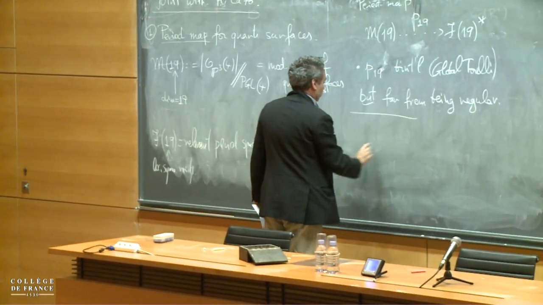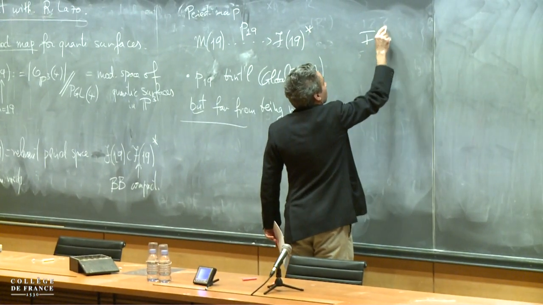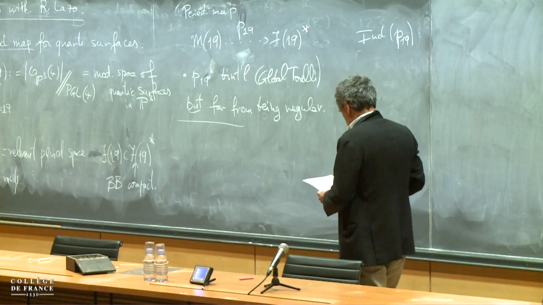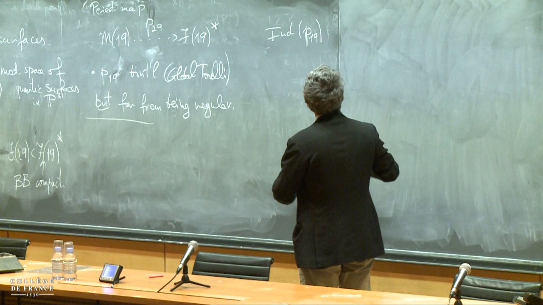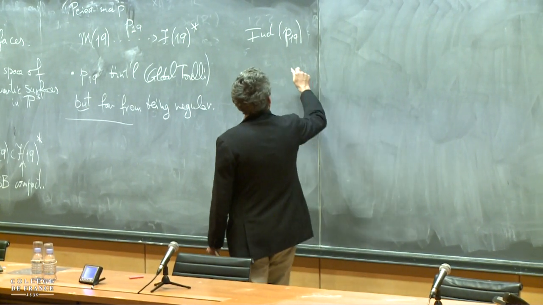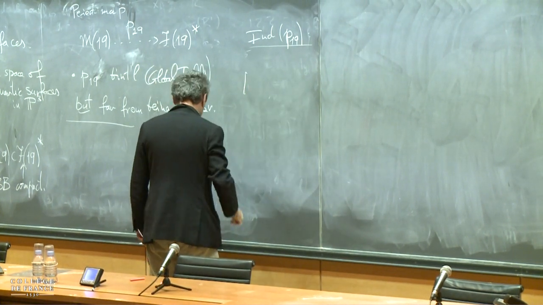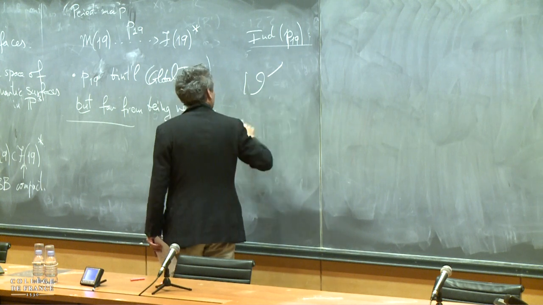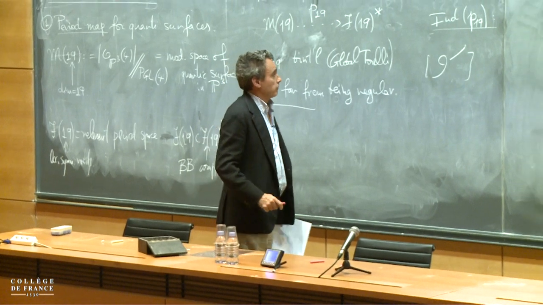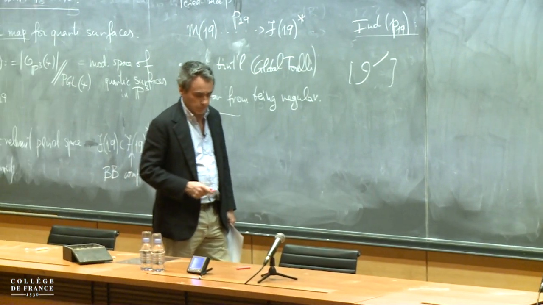So let's describe some of what it looks like. So there is one point which represents the tangent developable of a rational normal curve of degree 3.